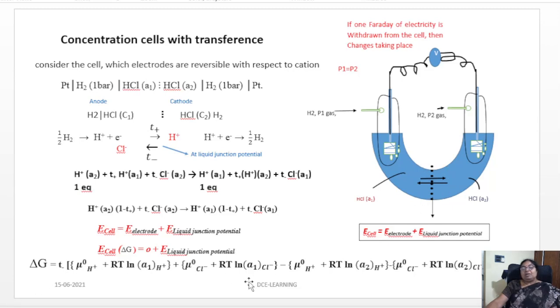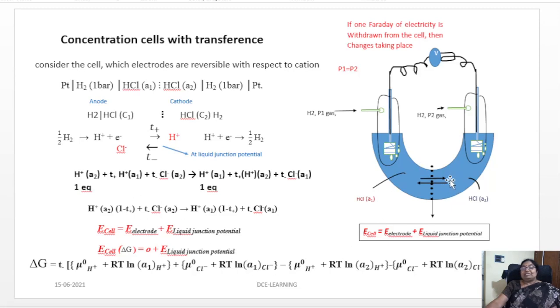Using the Gibbs-Helmholtz equation, delta G equals, taking T minus as a common factor, mu of H plus plus RT ln of A, the activity of H plus A2 on the right hand side, plus mu of Cl minus plus RT ln of A2.